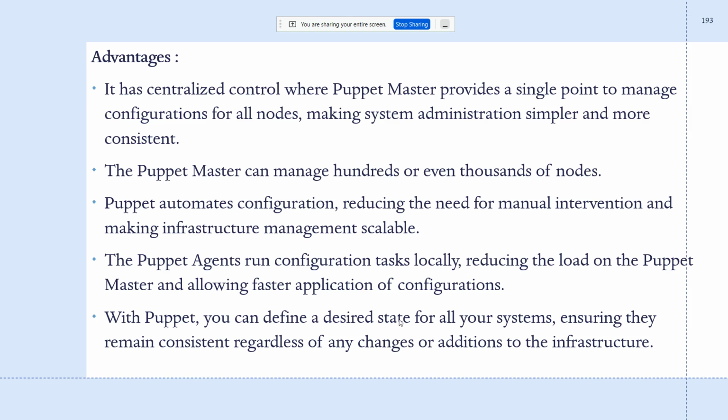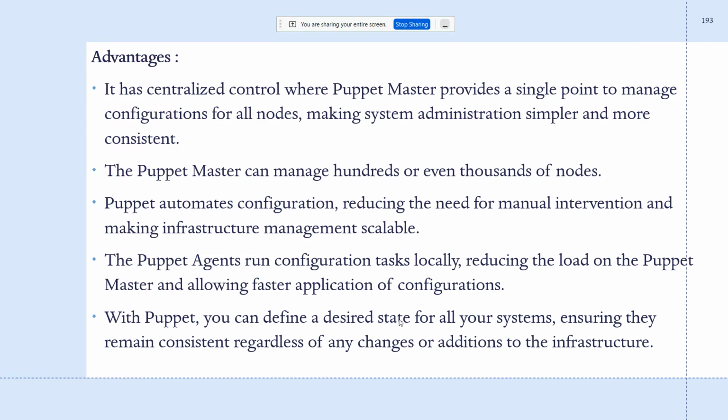So what are the advantages here? It is a centralized system, right? As I have mentioned earlier, there is a central server, and other systems like Puppet agents are also present.